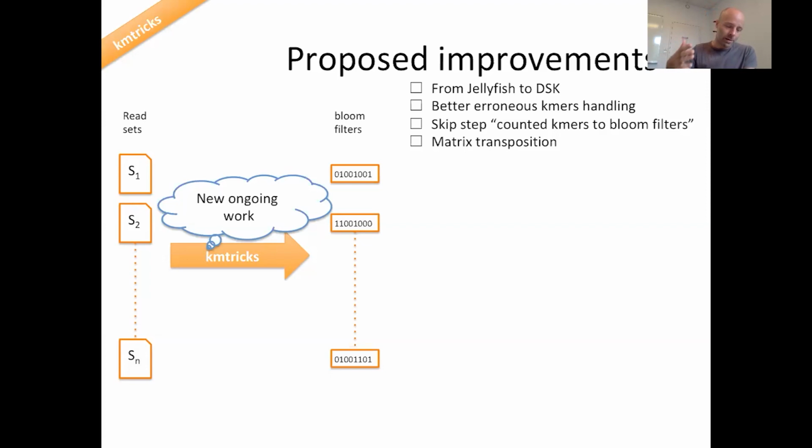And here, I took the motivation of improving the whole HowDSBT pipeline, but this is a kind of general purpose approach, kmtricks, that is able to go from a bunch of read sets and to go as efficiently as possible to a set of Bloom filters, or also a counted kmers matrix. But here we show the result in the framework of HowDSBT.